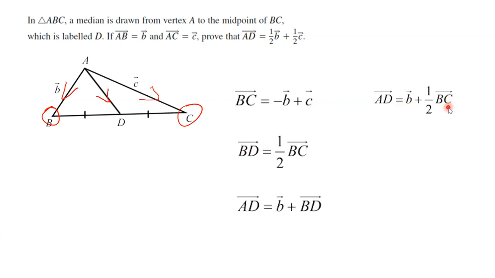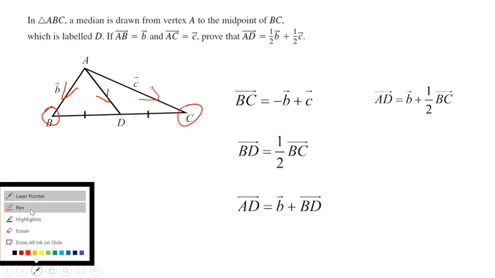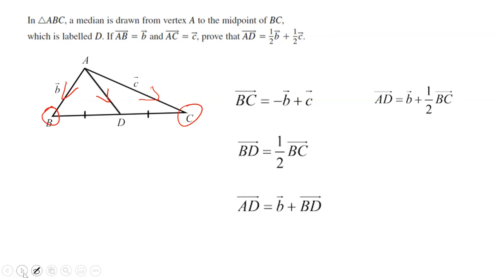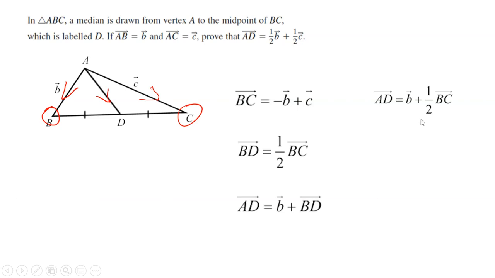Okay? So I think hopefully you can see where I'm going next. I have something, so half of BC. We have a BC here already, right? We know what BC is. So can I not now make another substitution, right? Let's see now. Make another substitution. I think I might have to go back to the smartboard for some of this stuff because I'm finding it easier to negotiate the smartboard than this sometimes.